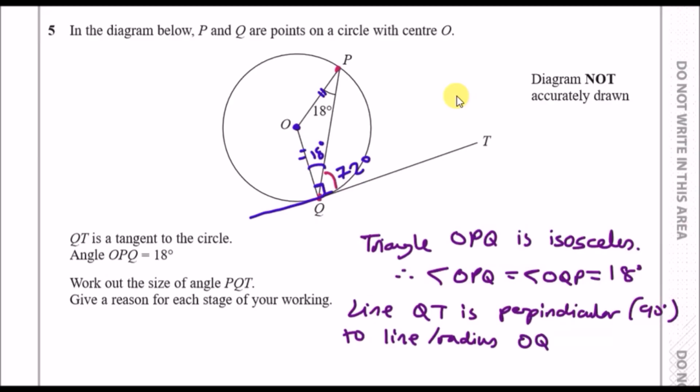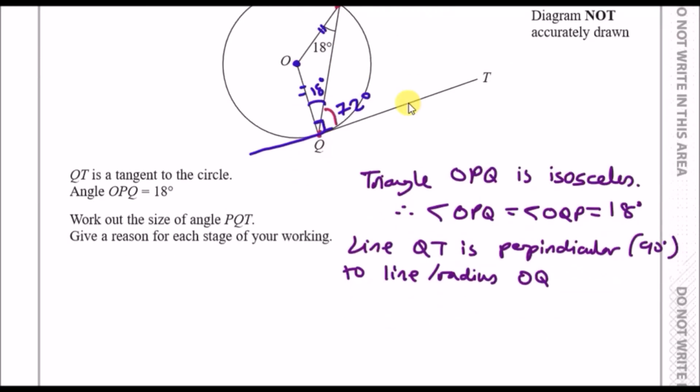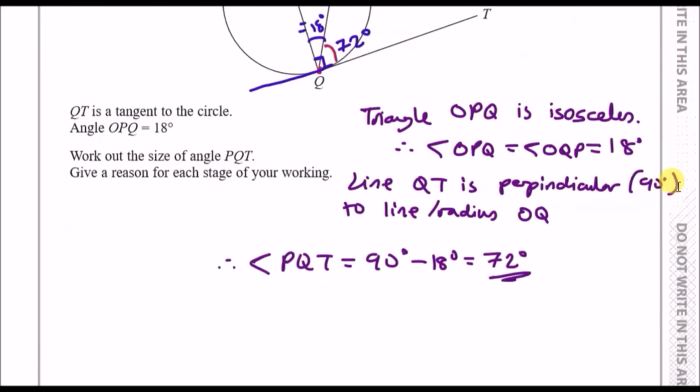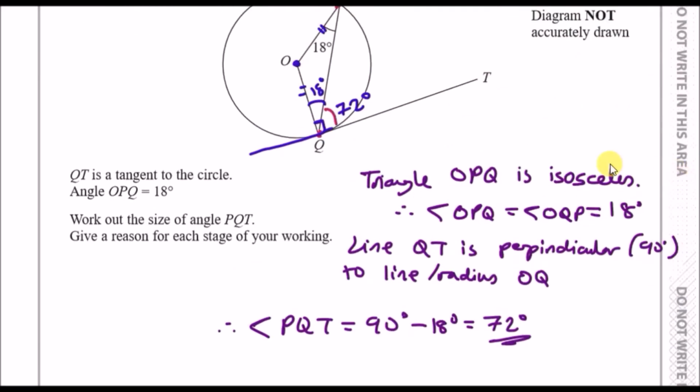It doesn't have to be this perfect, as long as you can justify it clearly. So therefore, angle PQT must be the difference between 90 and 18 degrees. And I believe this is more than enough. How many marks is it? Well, it's 3 marks, so I'll say 3 points, okay?